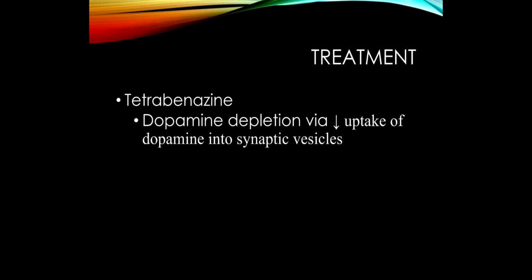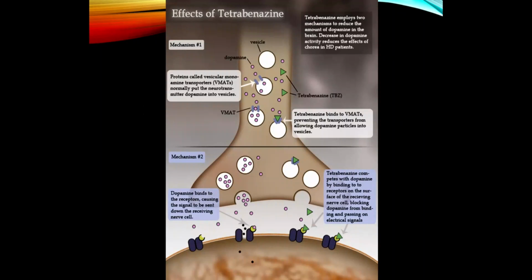Now, just one medication I'd like you to know about for treatment of Huntington's disease, and that is tetrabenazine. Any medication that blocks dopamine can help with the choreiform movements. But tetrabenazine can be quite helpful, and it has a unique, well-known mechanism.